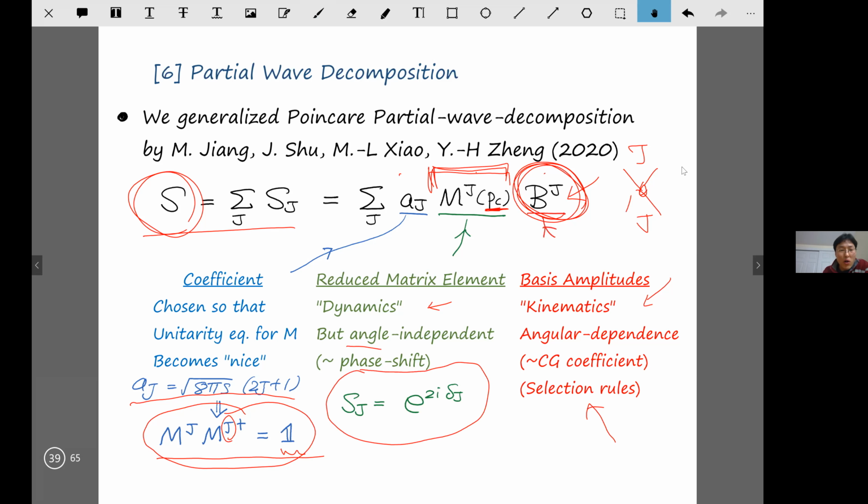So what's the goal? I want to decompose the S matrix as a sum over the J channels. The base amplitude captures the entire structure in such a way that it satisfies the required angular momentum conservation and properties. Then there is a coefficient, and then the remaining factor is basically the dynamics.